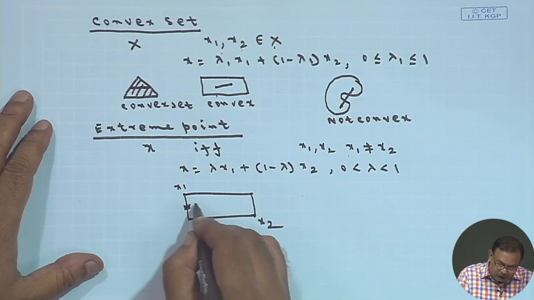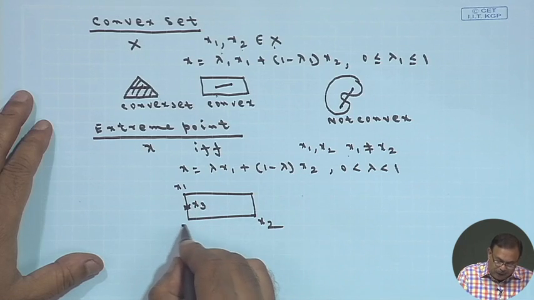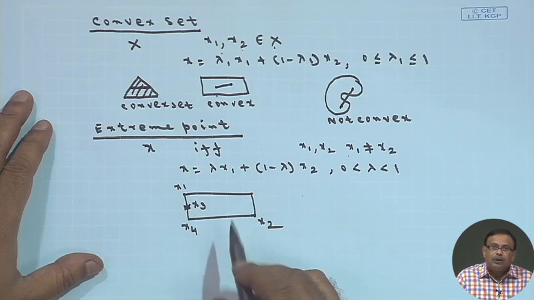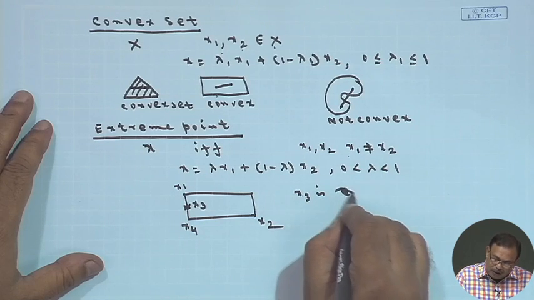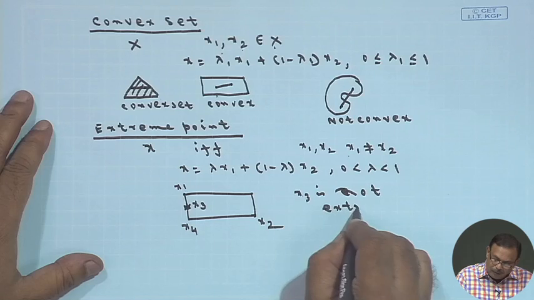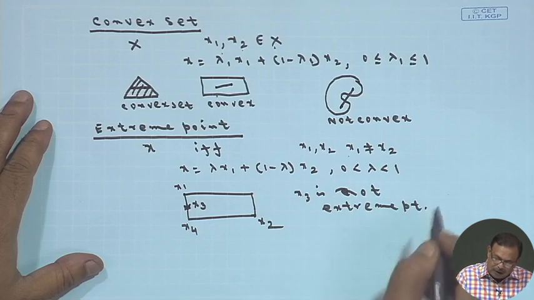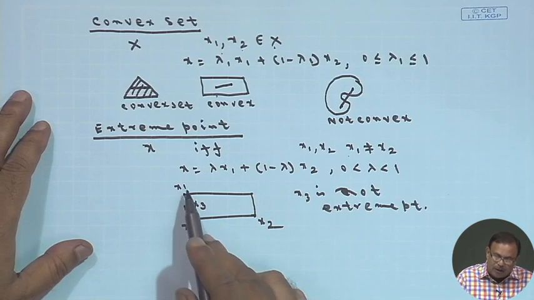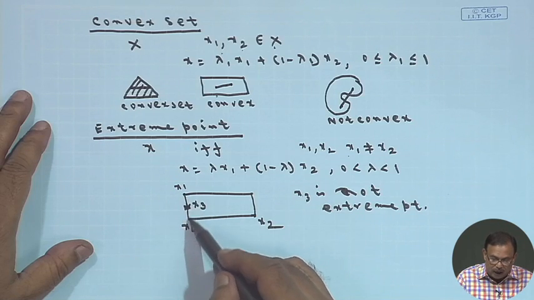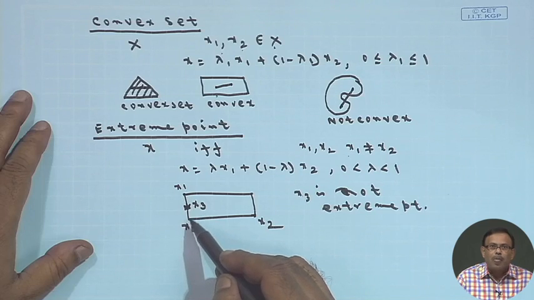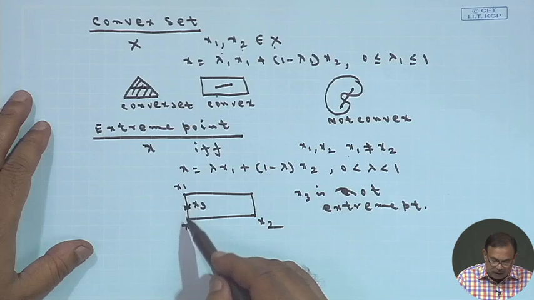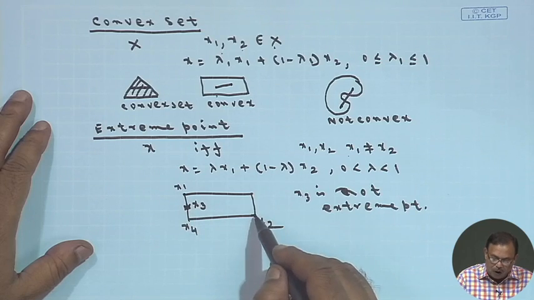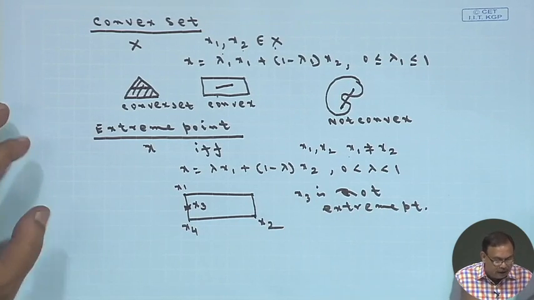But you think this one x3, if I denote this by x4, then x3 is not an extreme point, because x3 lies on the line joining x1 and x4, x3 is a combination of x1 and x4. So, x3 is not an extreme point, whereas x1, x4 and x2 are the extreme points.